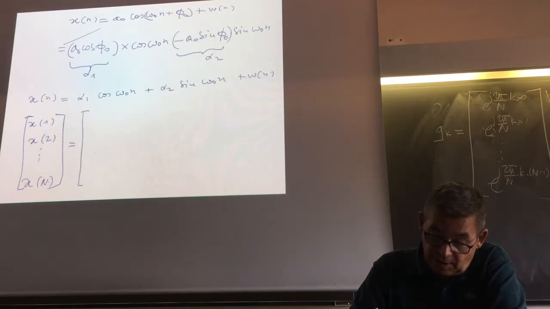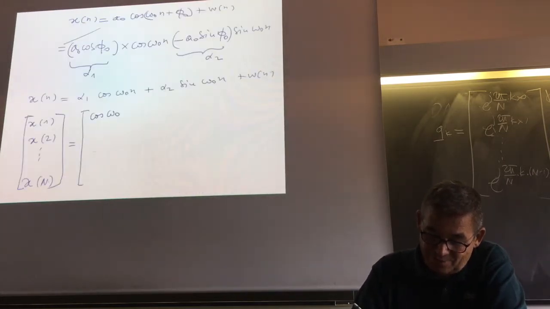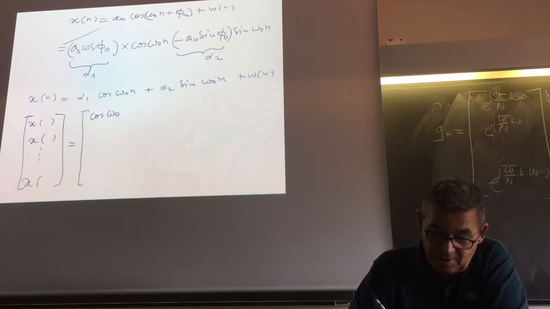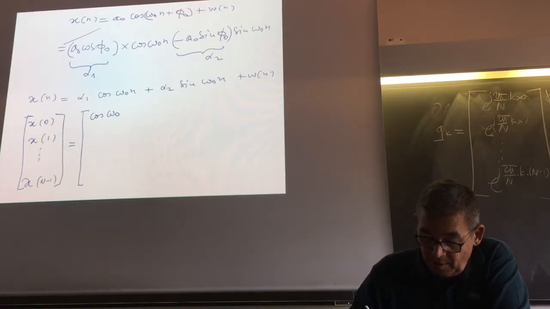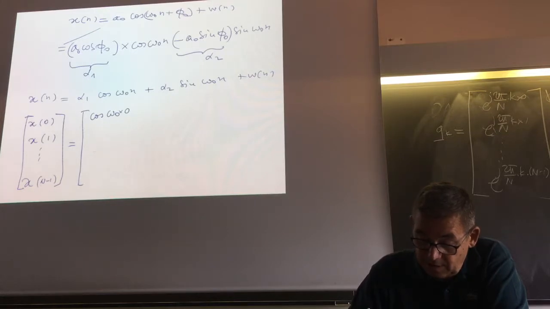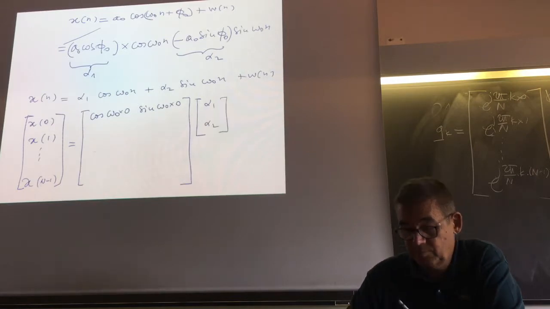The first line is cosine omega 0 times 0, sine omega 0 times 0, and this is multiplied by the vector alpha 1, alpha 2.